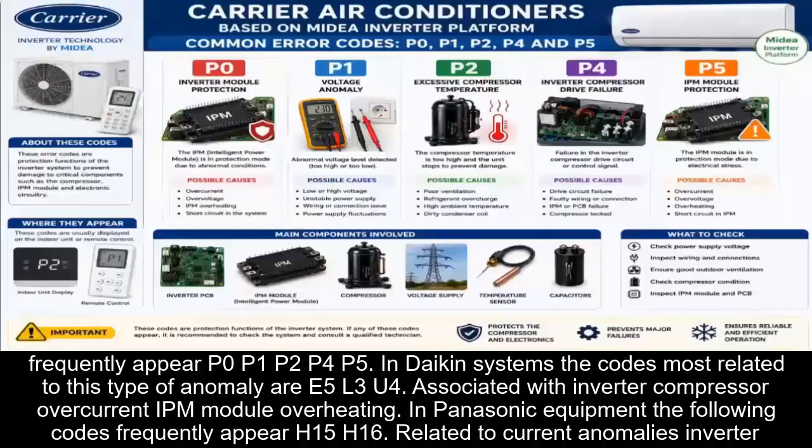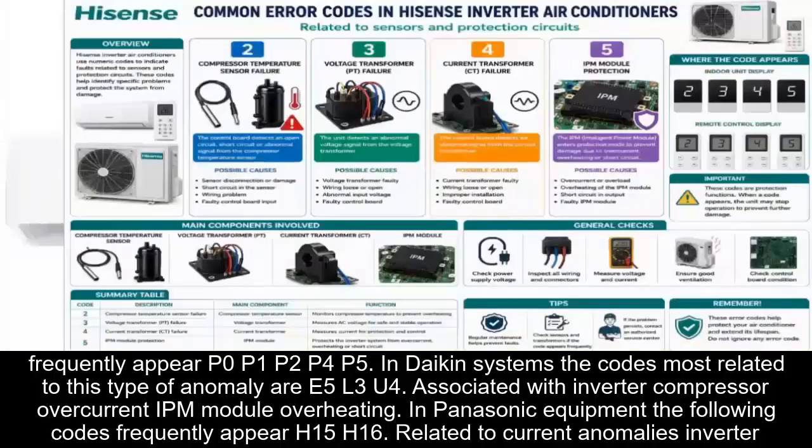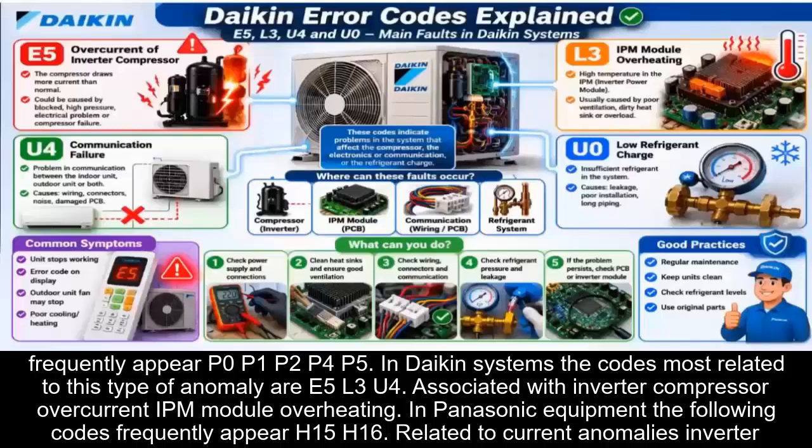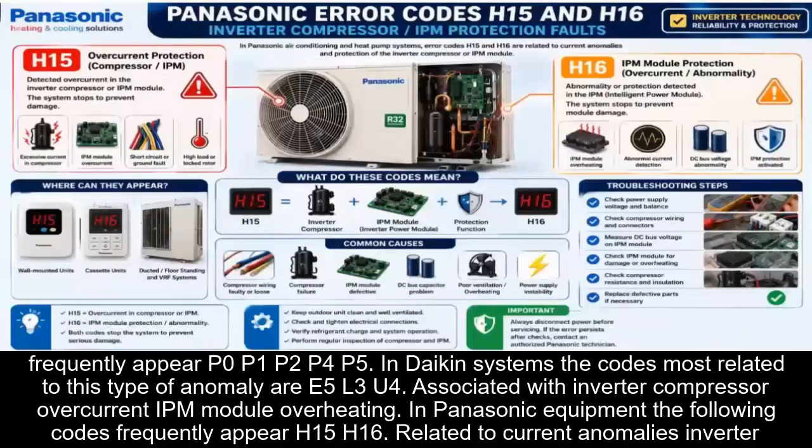In Daikin systems, the codes most related to this type of anomaly are E5, L3, and U4, associated with inverter compressor overcurrent, IPM module overheating. In Panasonic equipment, the following codes frequently appear: H15 and H16, related to current anomalies, inverter compressor protection, IPM module protection.